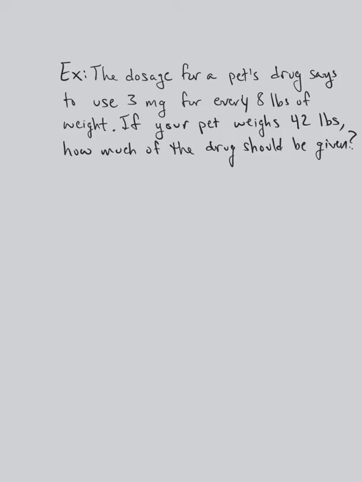There could be bad consequences for getting that incorrect. That's one thing about algebra, it provides you a systematic way to figure out these problems so you can be sure that you're getting things correct. And so the key thing here, in terms of what we're given, is 3 milligrams for every 8 pounds, right?